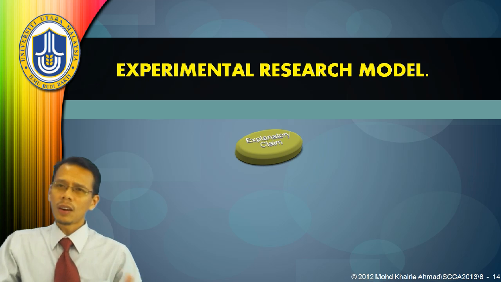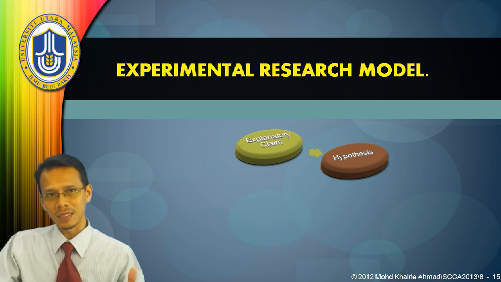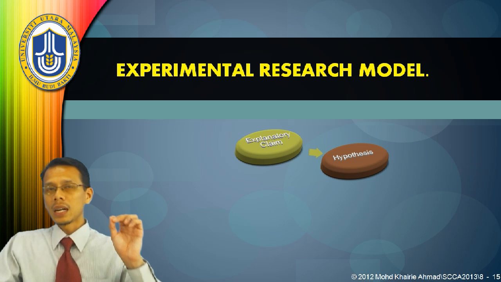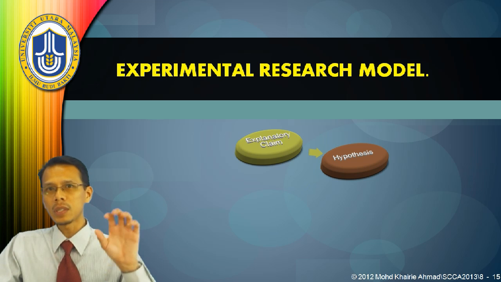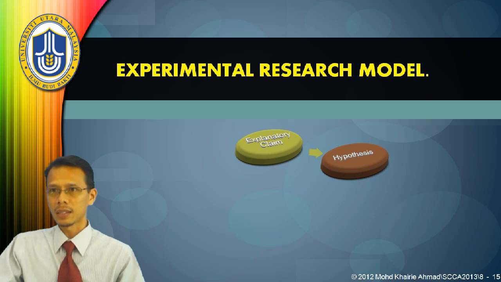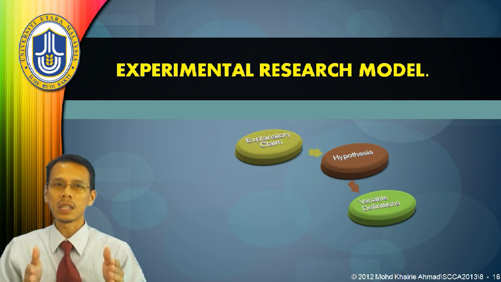In this kind of research, we have a hypothesis. We may say that whenever youngsters or children are exposed to crime scenes on television or in movies, they will be affected. This is our hypothesis. After that, we need to identify our variables.